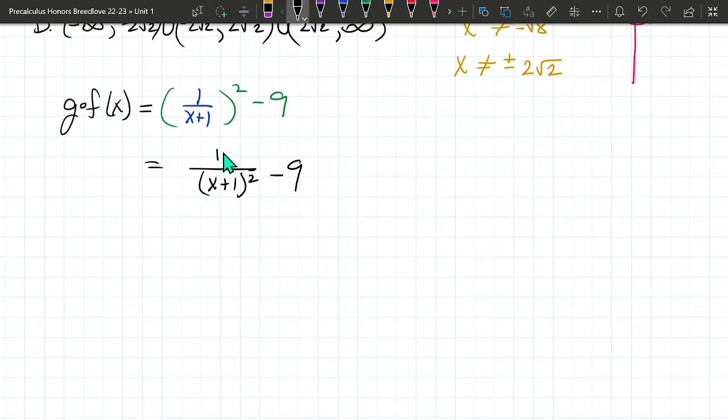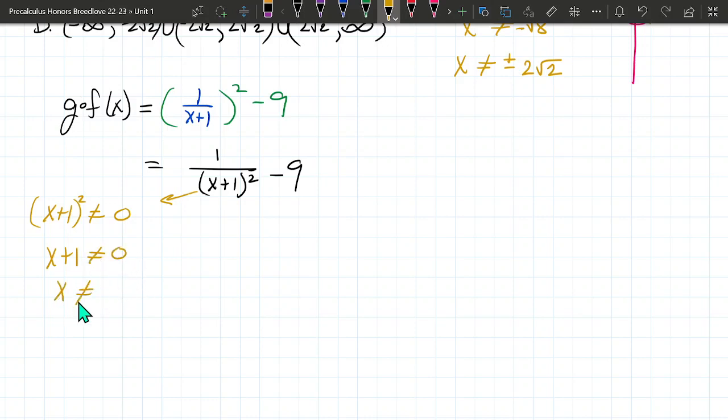And we do the same thing, because we can't have a 0 in the denominator, so x plus 1 quantity squared cannot equal 0. I mean, the denominator cannot equal 0. So if we do a square root, we end up with x plus 1 cannot equal 0.